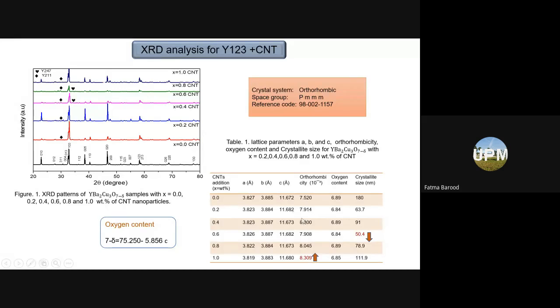And also the addition of carbon nanotube increased the oxygen content, which was calculated using this equation. And the crystalline size also decreased with carbon nanotube addition. This is due to the formation of secondary phases in the compound.